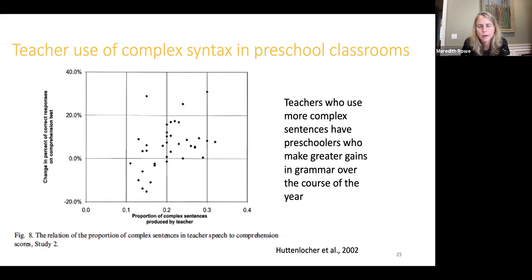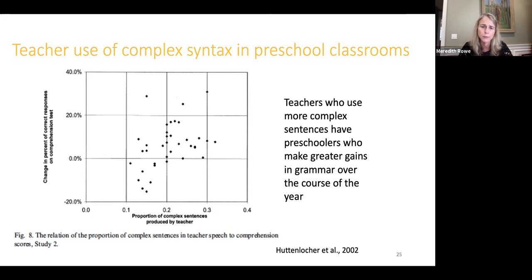And then in the middle of the year, they got a sample of each teacher's speech from their morning circle time meeting. And what they found was that the teachers who used more complex sentences during that circle time had children who grew more over the course of the year in their syntactic comprehension.